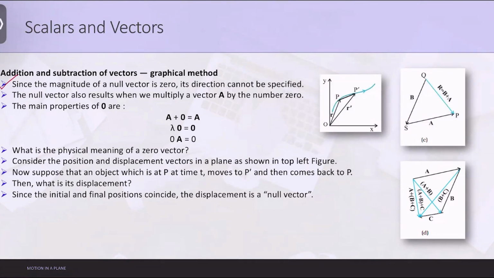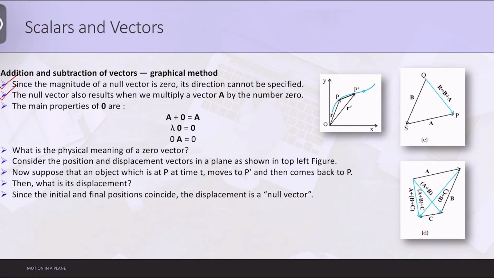Okay, fine. So since the magnitude of a null vector is 0, its direction cannot be specified. Quite fine. Then the null vector also results when we multiply a vector A by the number 0. So what is happening here?